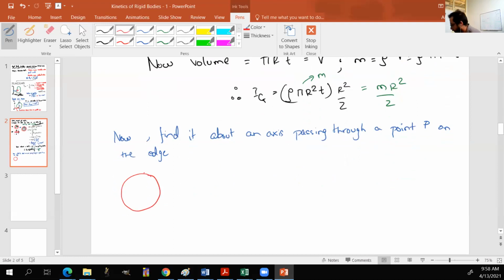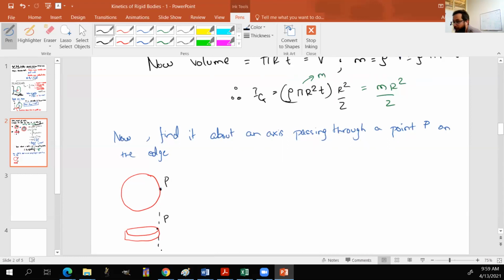So you've got your disk, like that, right? So you have some point P, and you're trying to find out the moment of inertia about this one.